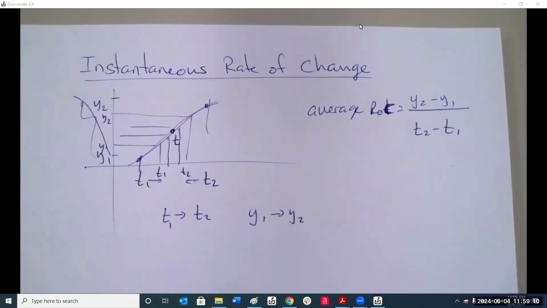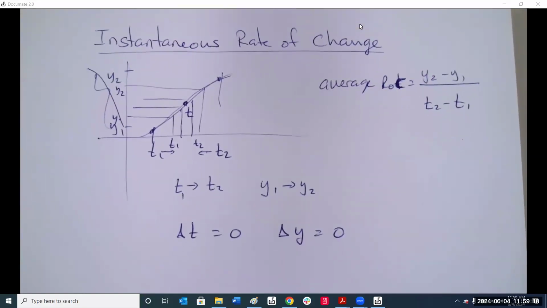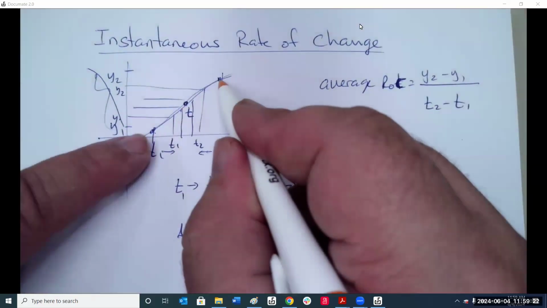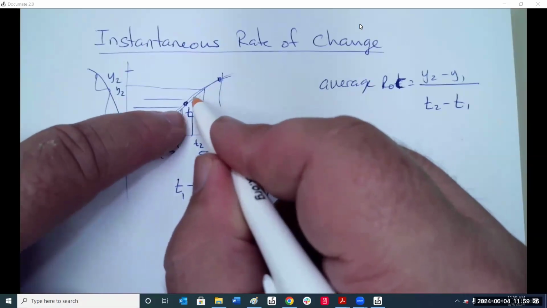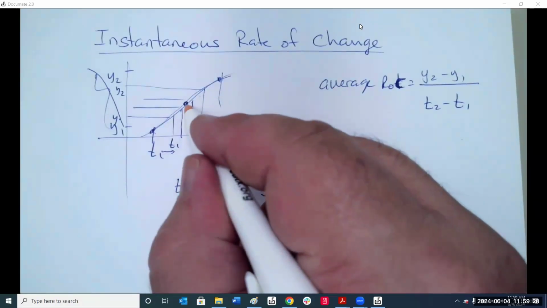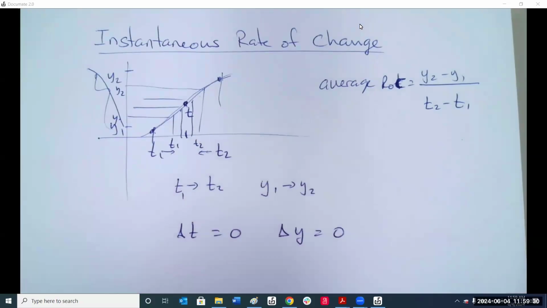In other words, their distances away from each other are becoming close to 0. So what we have to do is take the slopes of these 2 points and get them closer and closer to this T point right here. That's the difference.